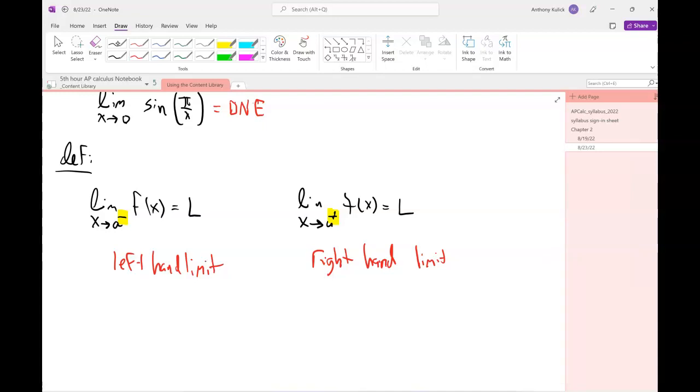Now, what can we say about the right-hand and left-hand limits with respect to the limit as x approaches a? What does that tell us about the limit as x approaches a?